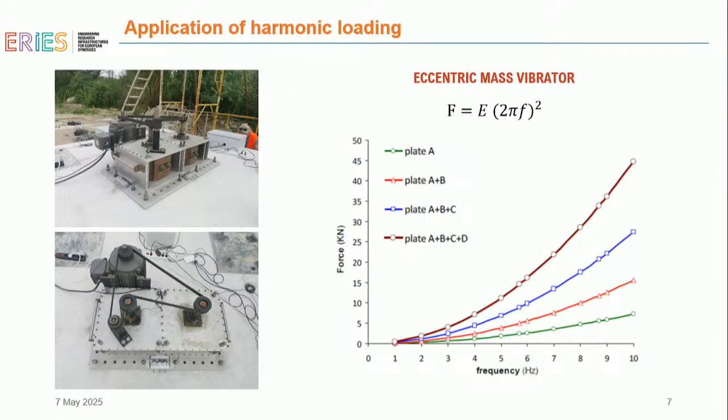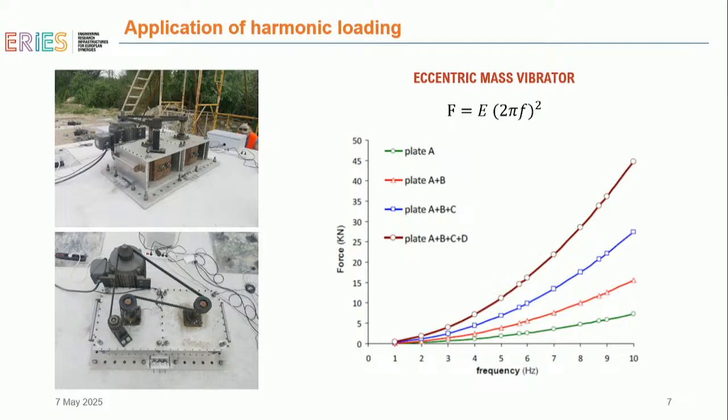This is the mass shaker. You can see it here. It is an eccentric mass shaker. Even though it is quite simple in its function, it has a basic problem: in order to produce the force in a very specific direction, you have to orientate the masses.